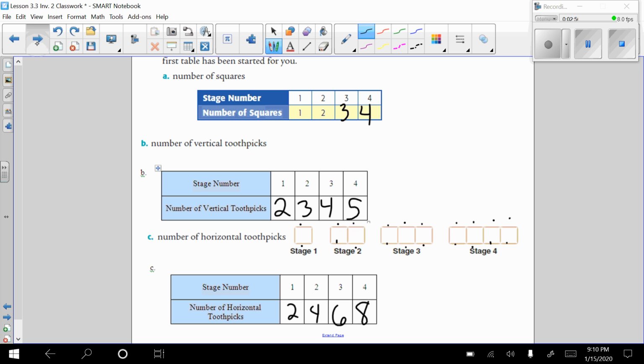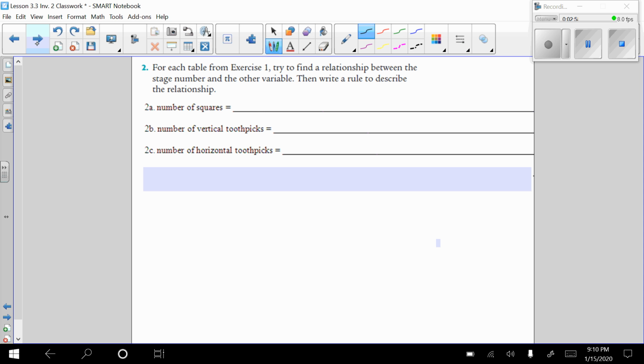Now, using that information that we just completed, we need to find the relationship between all this. So let's write a rule to describe the relationship. If you look at the first one that we just completed, the number of squares equals the stage number that we're in.